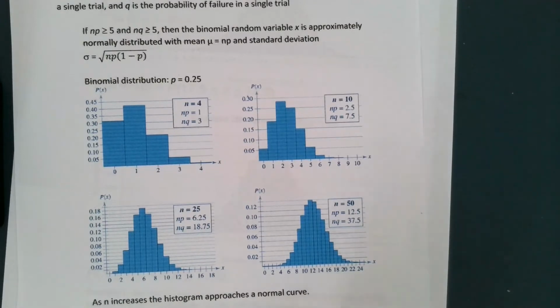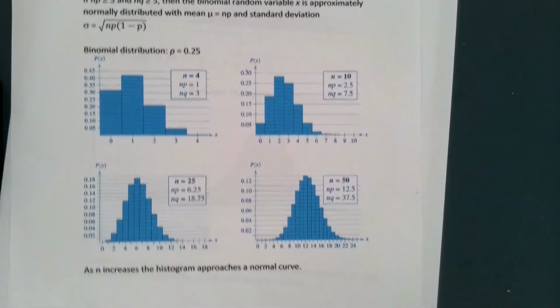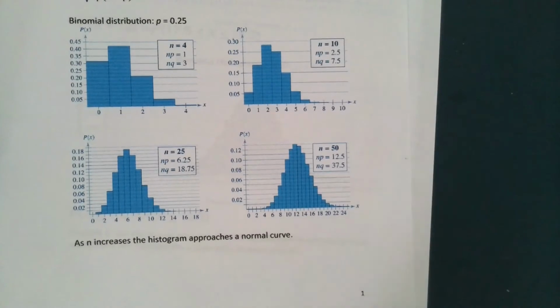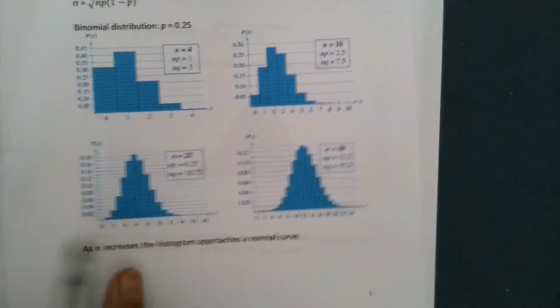And with n equals 10, np is not greater than or equal to 5, so that wouldn't qualify. But with the two on the bottom, 25 and 50, both np and nq are greater than or equal to 5, so each of these would qualify, which means you should get fairly accurate results if you use a normal approximation to approximate a binomial problem for these two distributions.